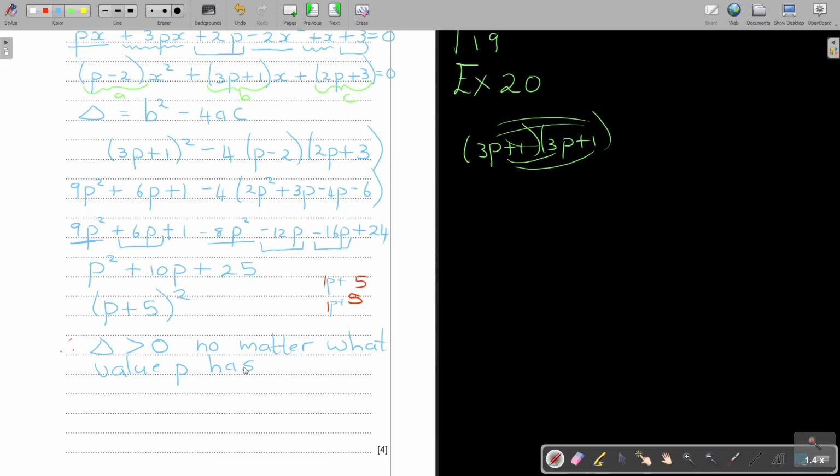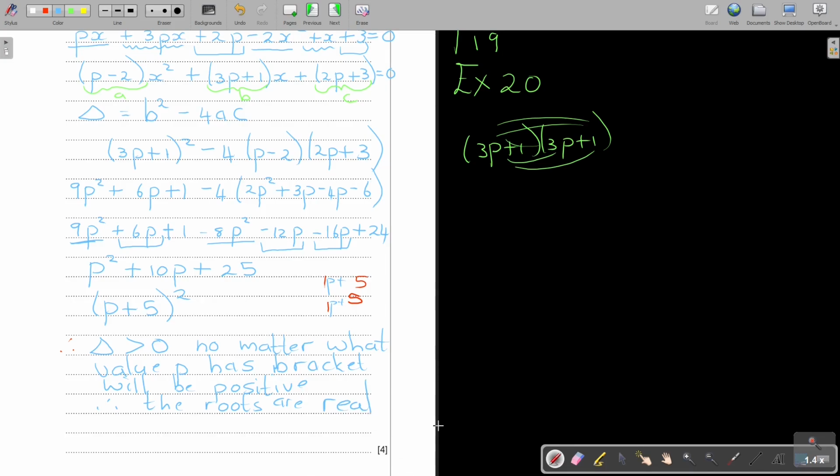Okay, so therefore, I'm rather going to say like this, bracket will be positive, therefore, the roots are real.